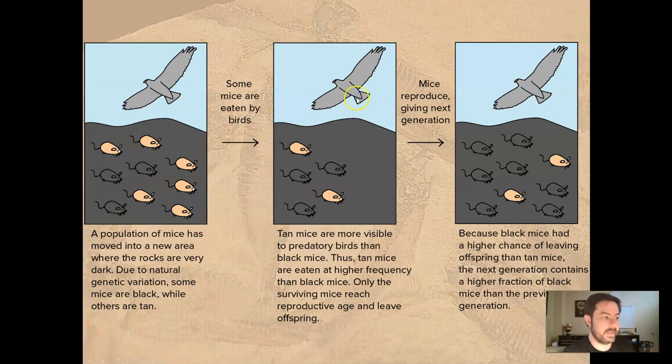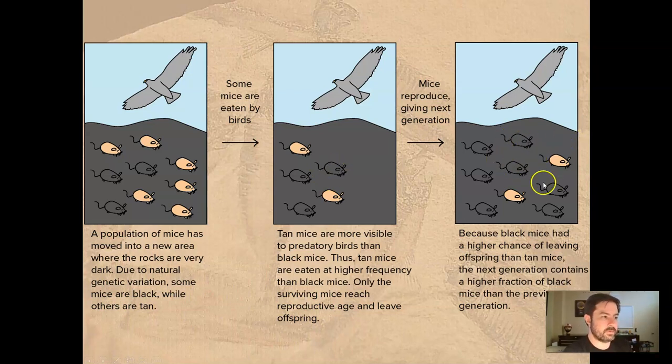So if there is a hawk in the area, for instance, that bird is going to see the tan mouse a little bit easier, and it's going to pick off those tan mice. So what's going to happen now, even though initially there were more tan mice than black ones, now there are more black ones, and as those continue to breed over generations and generations and generations, that black fur trait will be passed on.